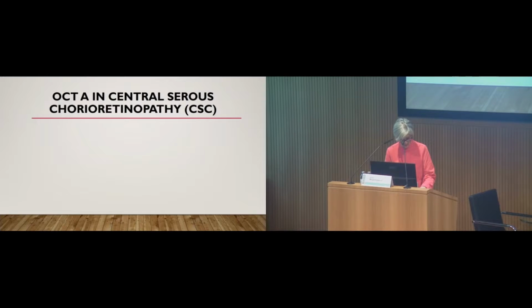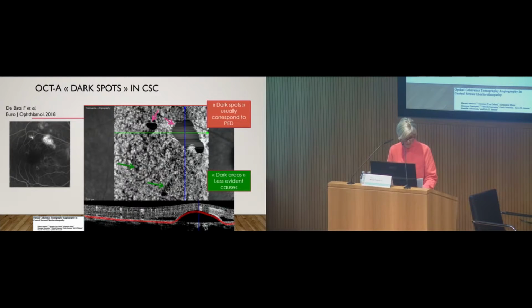Now, what about central serous? The main signs are represented by the presence of dark spots, due mostly to PED, but also choroidal excavation, and also dark areas, less evident, but sometimes due to choroidal vessel compression of the choriocapillaris.